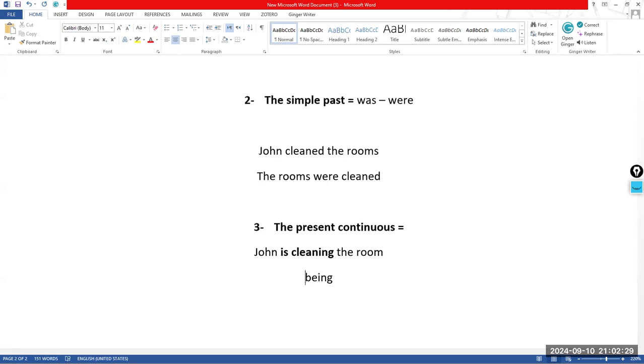Now let's apply the same steps. Step number 1, I have to write the object. The object is the room. The room. Exactly. Now I have to keep the tense. The tense is the present continuous, and for the room, because it is singular, I have to use is. Now, is being. Step number 3, write the past participle of clean. Cleaned. Yes. So notice that this is a present continuous, and this is a present continuous.